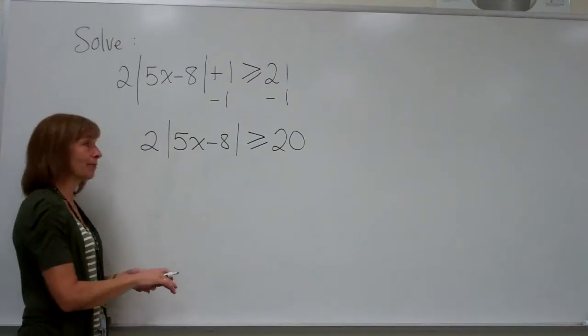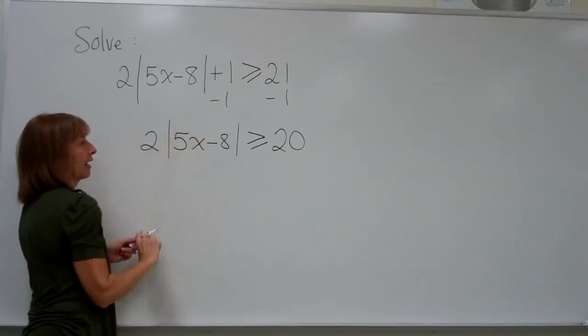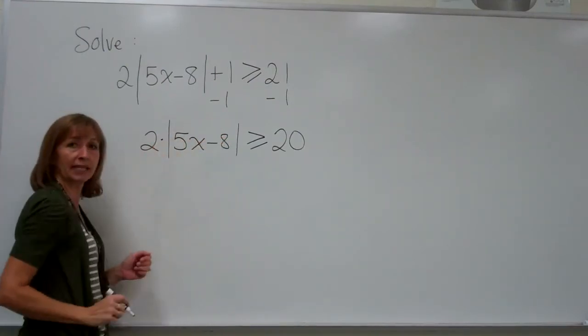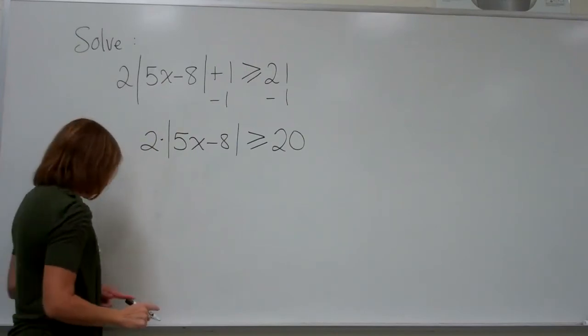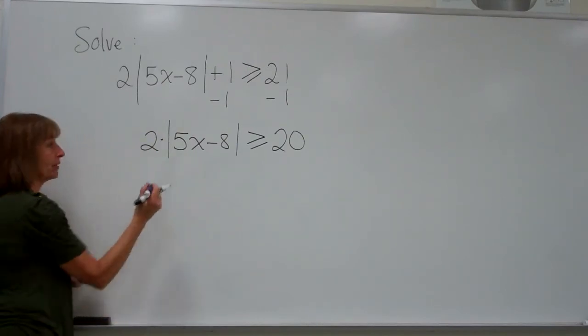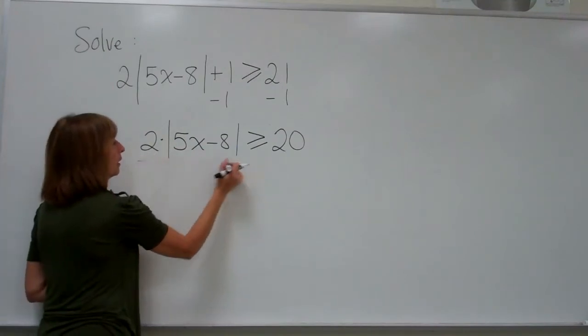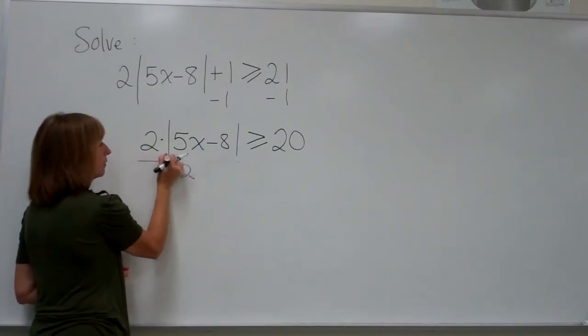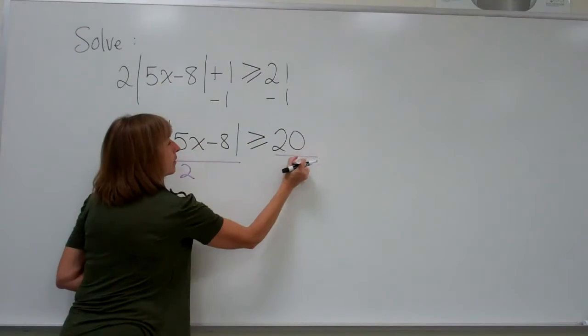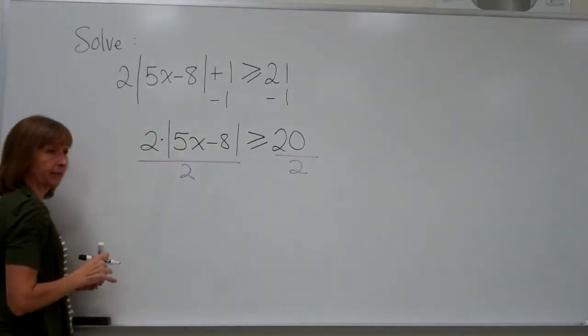Now I still don't have the absolute value of the expression on a side by itself because there's an attachment of a multiplication of 2 on the outside. So I also want to divide both sides by 2 before I rewrite it.